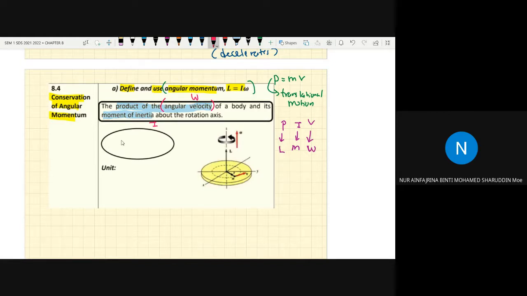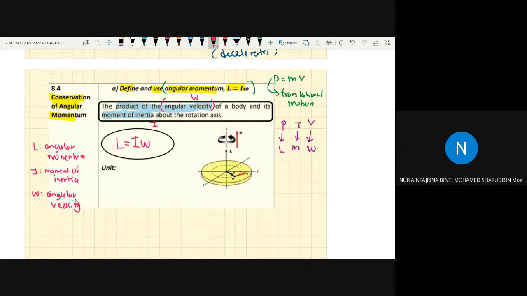And formula dia adalah angular momentum equals to I omega, where L is your angular momentum, I is moment of inertia, omega is angular velocity. Okay, boleh?